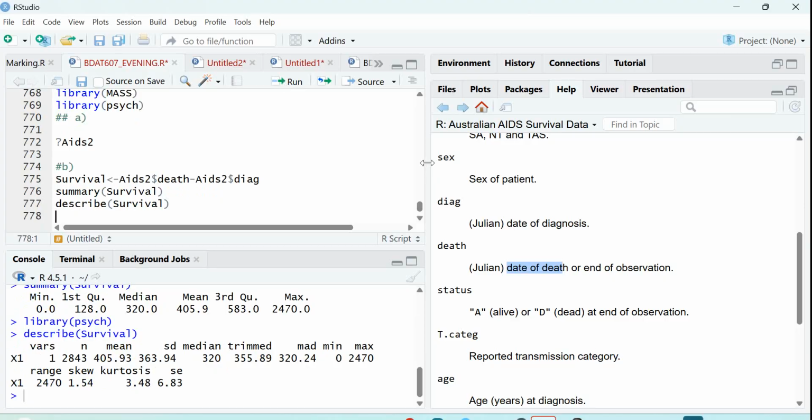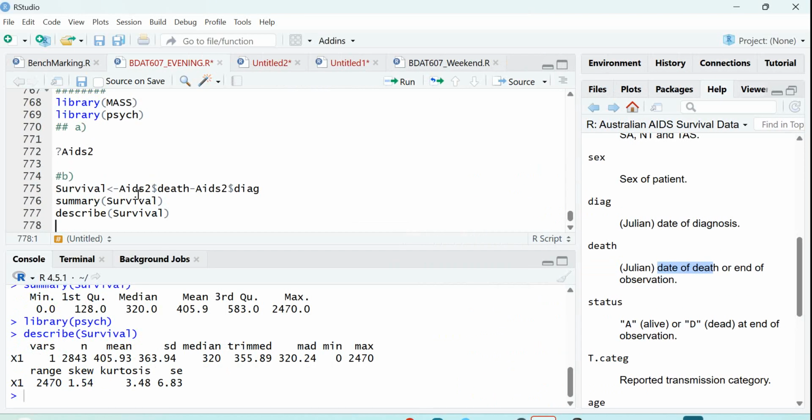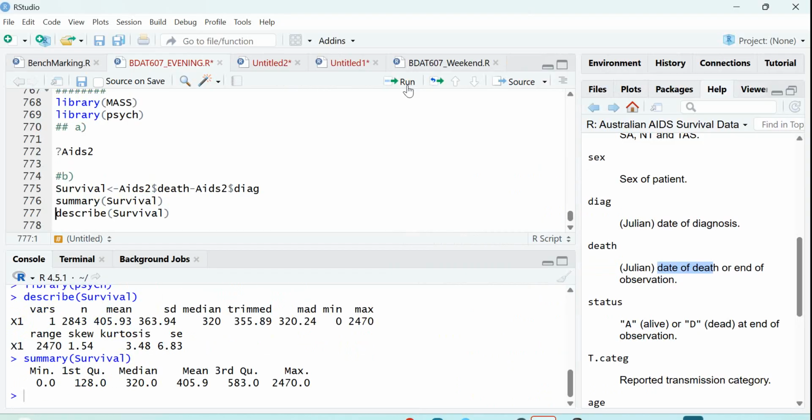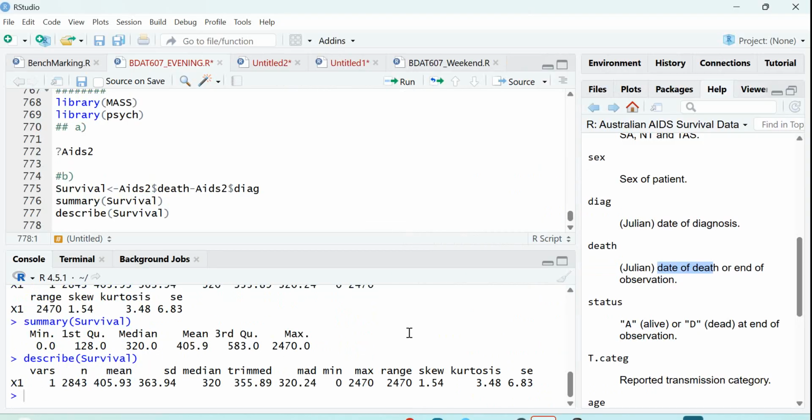Whichever one you use, it will give you some numerical descriptive statistics. So you copy this, paste in Word, maybe in a table, and then you need to describe the data.